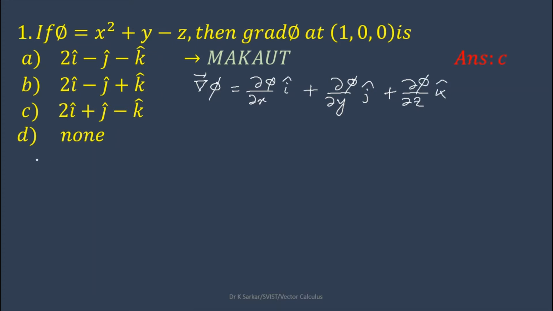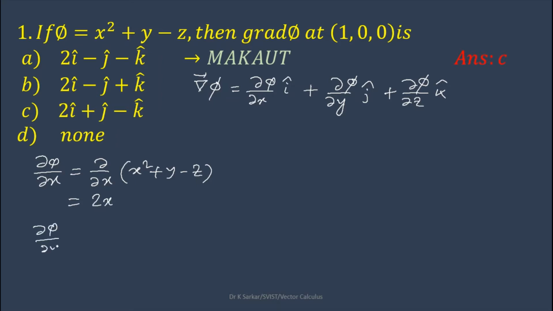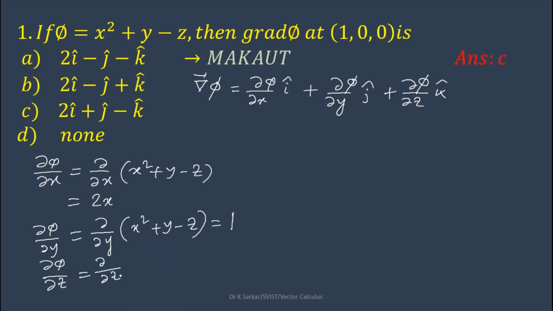Now let us find del phi del x, which is del x of x square plus y minus z. So this is 2x. Del phi del y is del y of x square plus y minus z, which is 1. Del phi del z is del z of x square plus y minus z, which is minus 1.